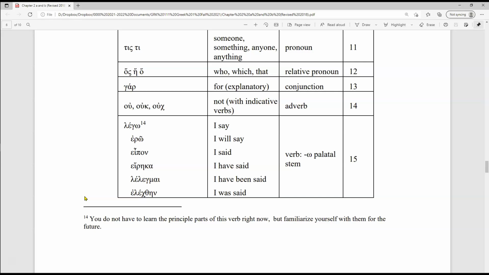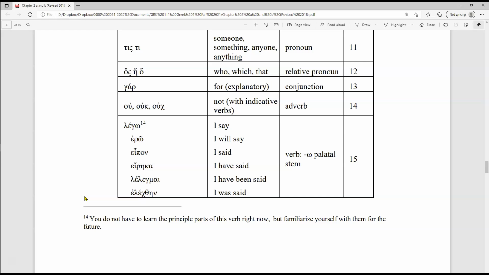That introduces a relative clause, so this is just the relative pronoun. And notice it's exactly the endings that we've learned for the definite article. So you take the endings for the definite article, put a rough breathing and an accent on it, it makes it the relative pronoun.